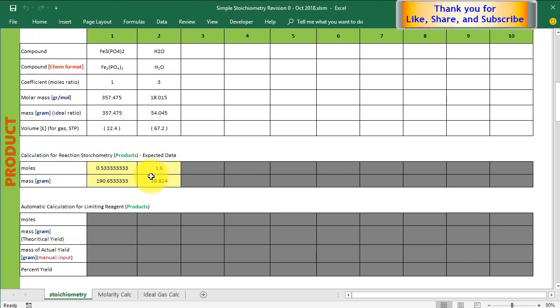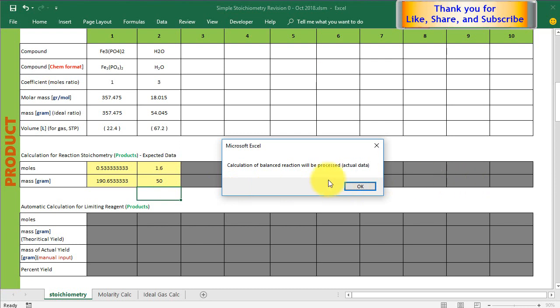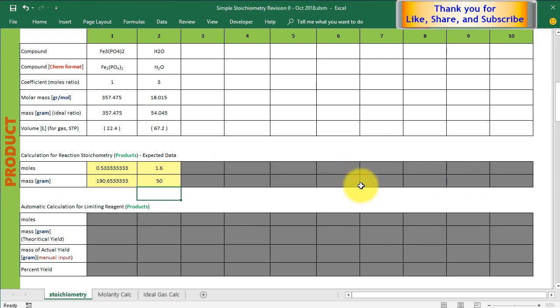Okay, we can change. If we expect the water to be around 50 grams, we can change the data. Just hit enter like this. The percent of balance will be processed. Okay, the system has recalculated, and that's the result.